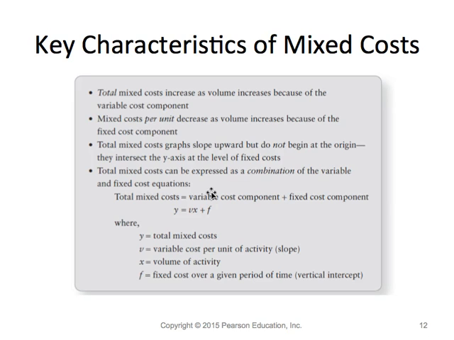If we want to find y, the total mixed cost, for 5,000 chairs, it's 5,000 times 5, so vx is $25,000, plus 1,000 is $26,000. So the total mixed cost is $26,000, and the mixed cost per unit will be 26,000 divided by 5,000. So 26 divided by 5, it'll be 5.2.